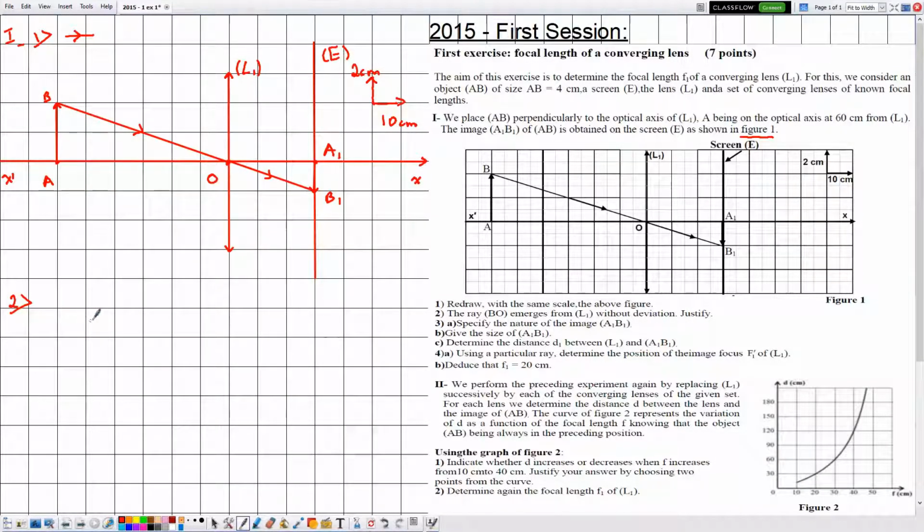Then let's justify that an incident ray issued from B passing through the optical center emerges without deviation.